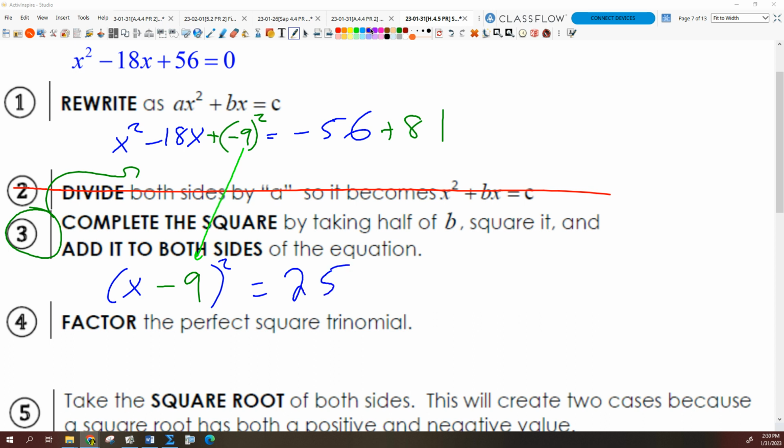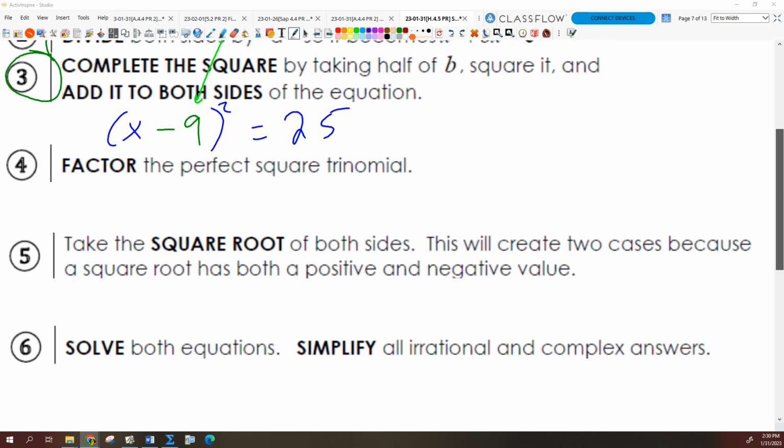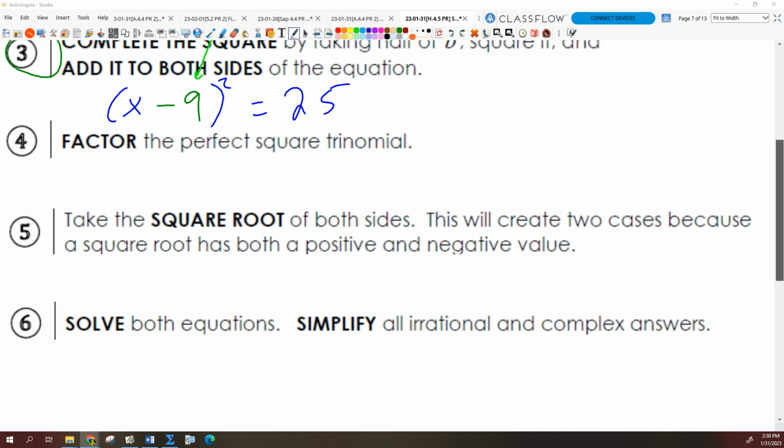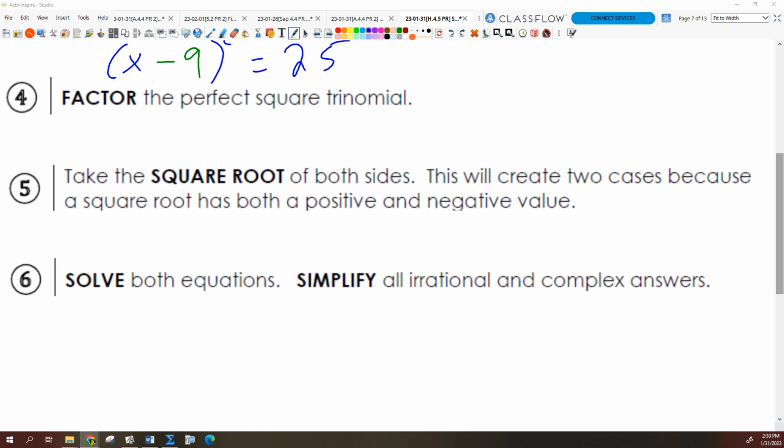Now it's easy, right? Now this is a problem you guys have been doing for a long time. Now we can point to a single x, so we just isolate the x by square rooting and then adding 9, right? Okay, so they break this down into 2 separate steps. I think that's kind of silly, personally. I mean, we're just solving at this point. I would say steps 5 and 6, we could even just take both of those combined.